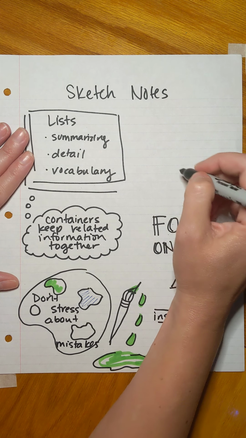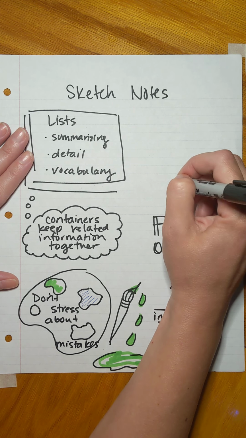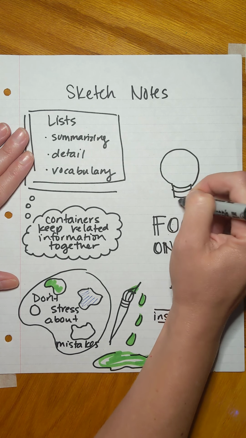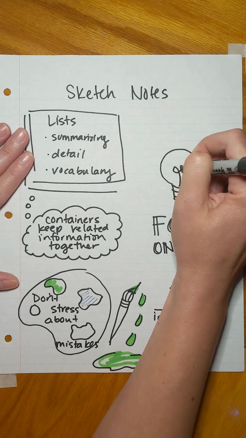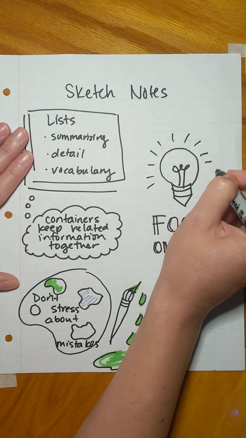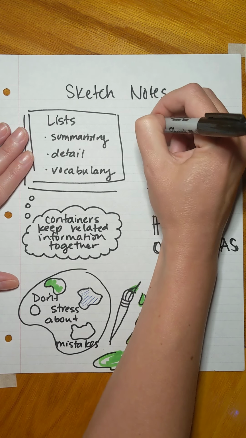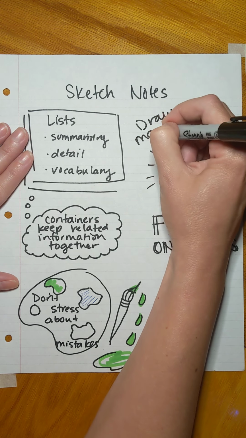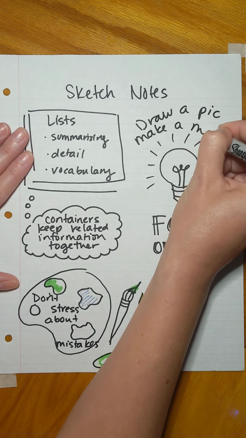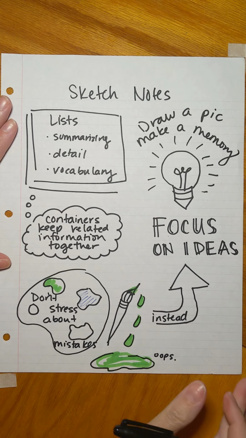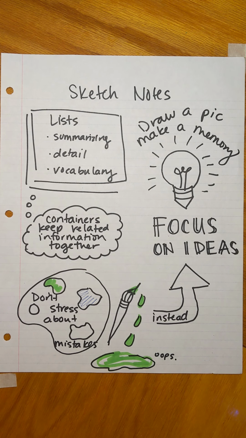All right, you may want to think about drawing a picture. It doesn't really matter if your art is spectacular or not. Okay, but the purpose of an image would be to draw a picture to make a memory. We are trying to make memories. We are trying to remember this information later and synthesize our own understanding.